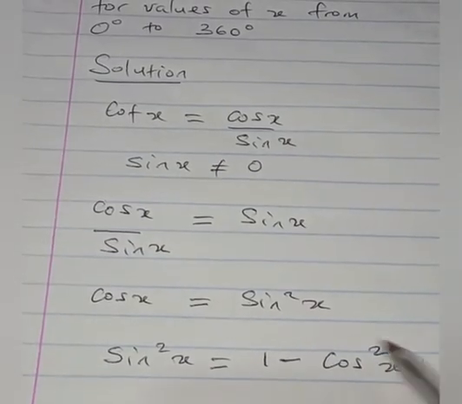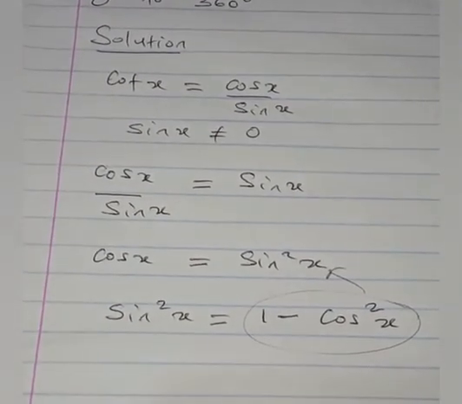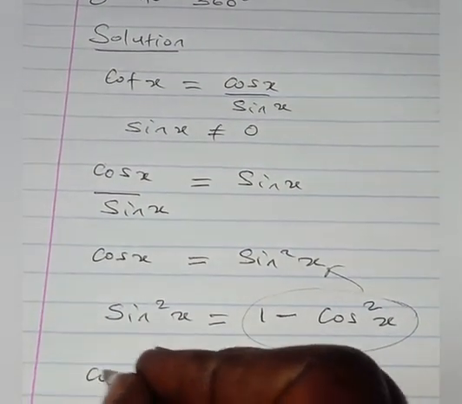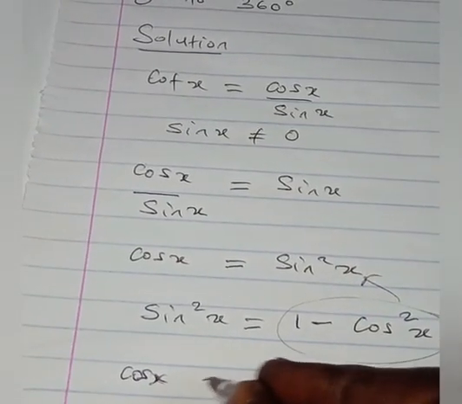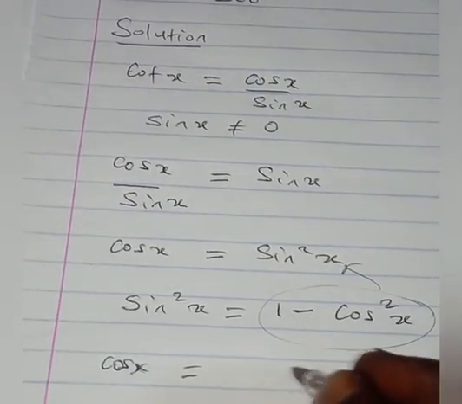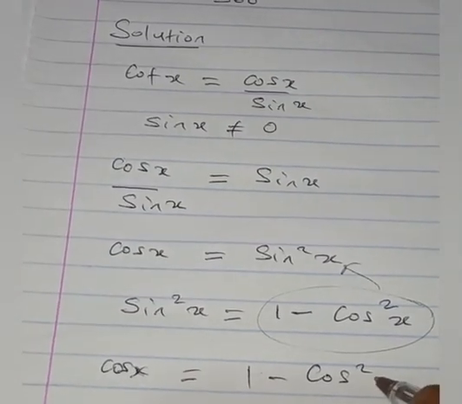So we just take this into that. That means we are going to have cos x is equal to 1 minus cos squared x.